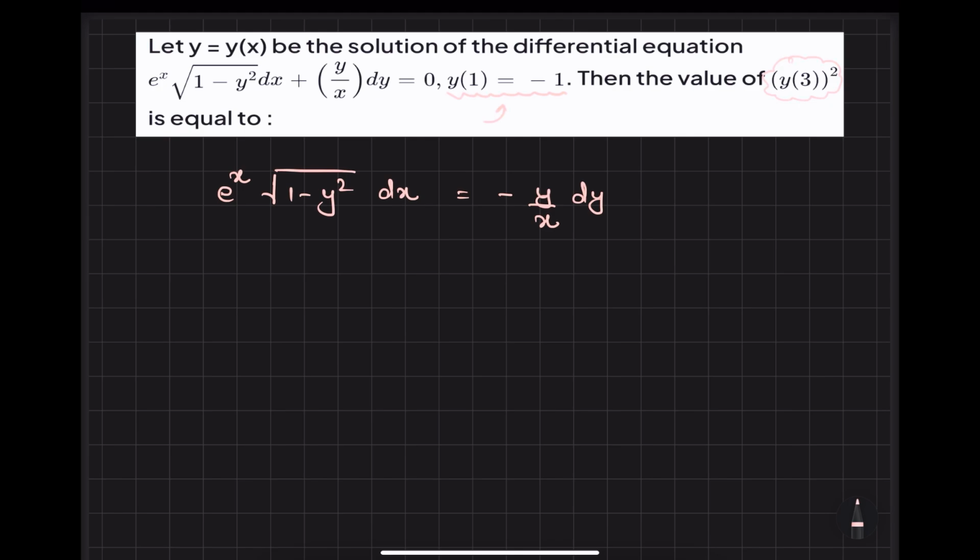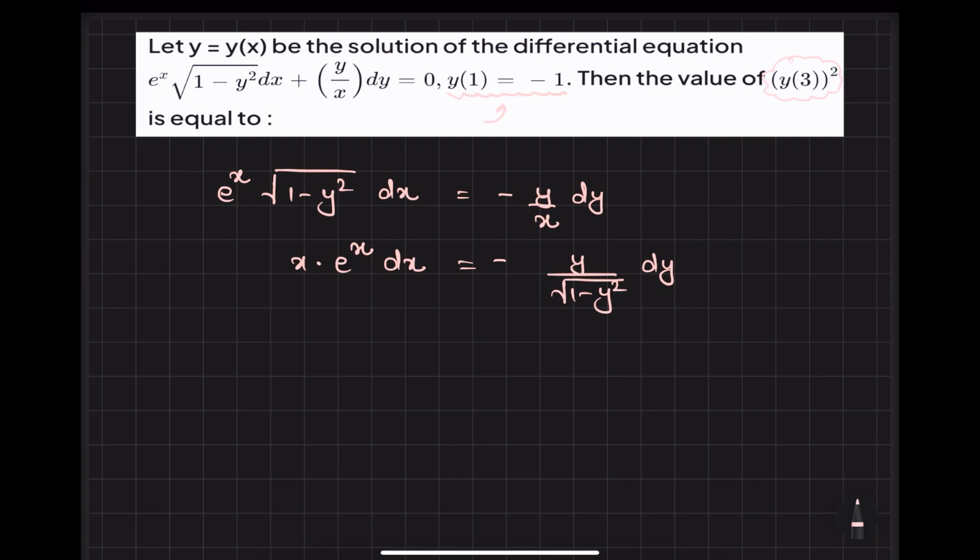Now look at here. So can I write x times e power x dx is equal to y by root over 1 minus y square dy, and already we have minus. Okay, I hope things are clear.